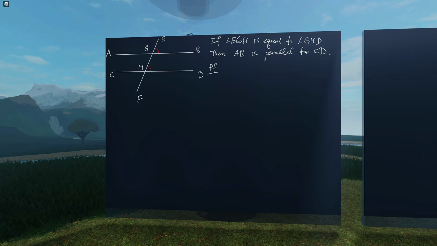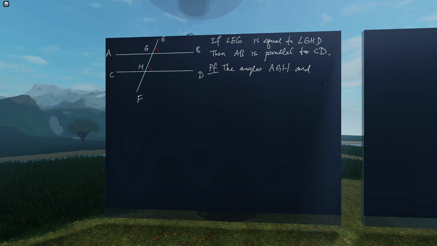So where was I? Okay. So the angles AGH and EGB. Now I realize I made a mistake. This should be EGB in the statement. EGH doesn't make any sense.